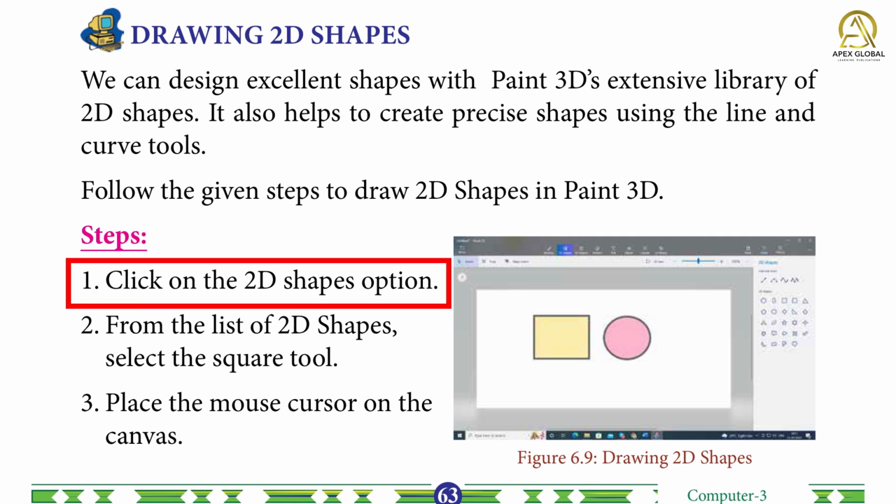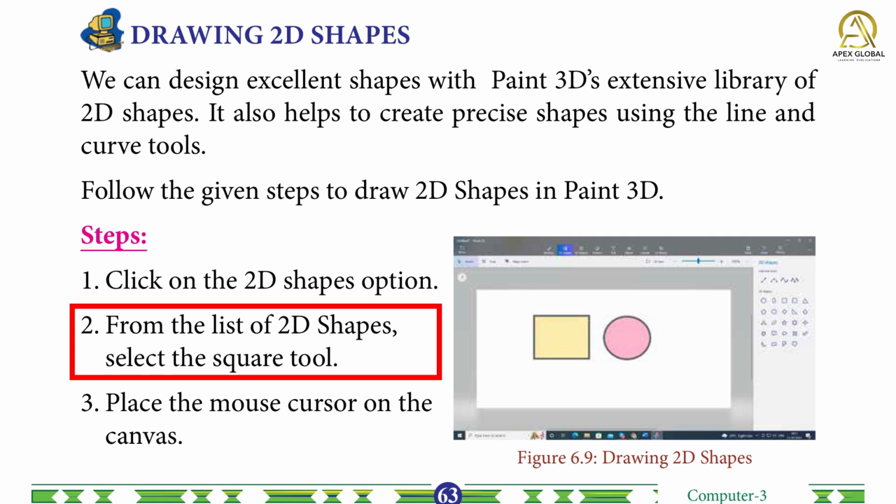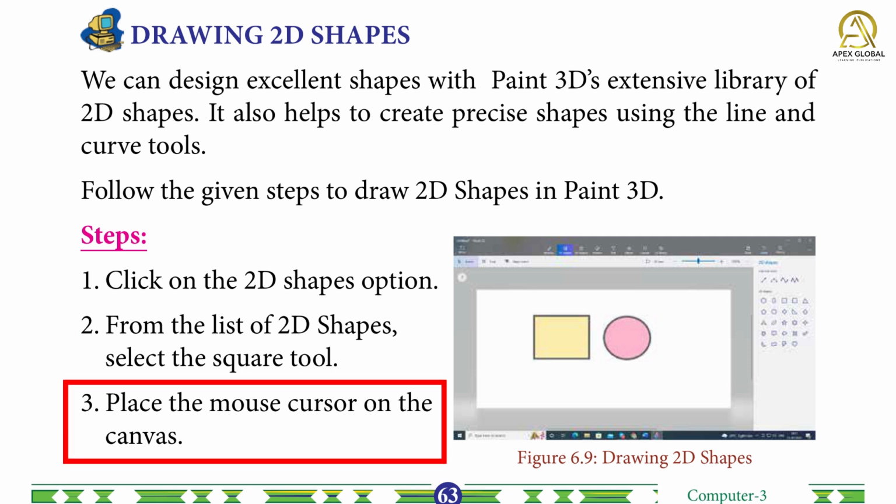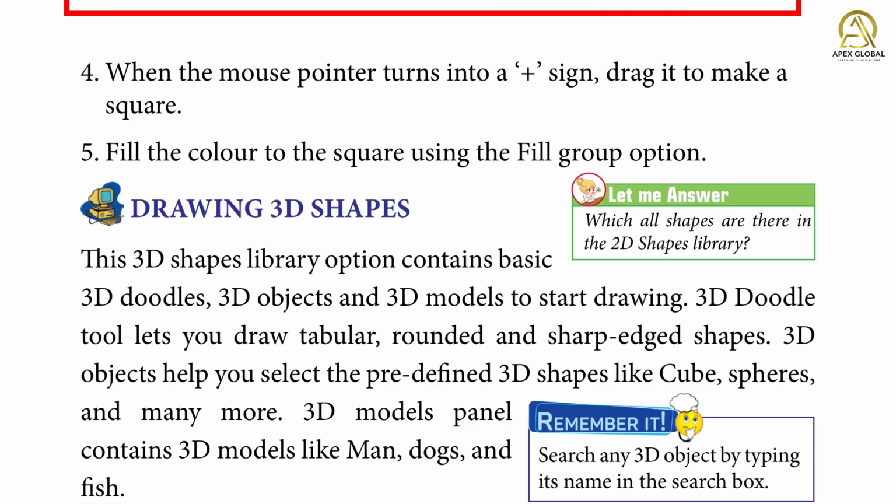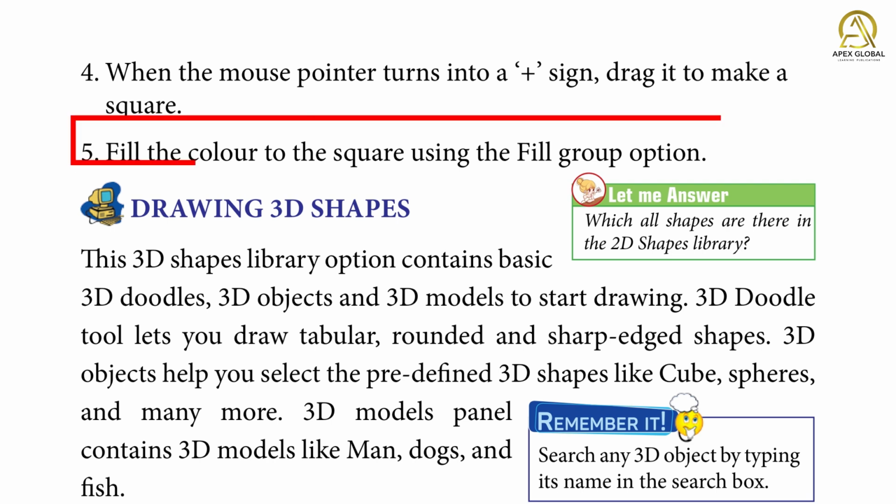Click on the 2D shapes option. 2. From the list of 2D shapes, select the square tool. 3. Place the mouse cursor on the canvas. 4. When the mouse pointer turns into a plus sign, drag it to make a square. 5. Fill the color to the square using the fill group option.